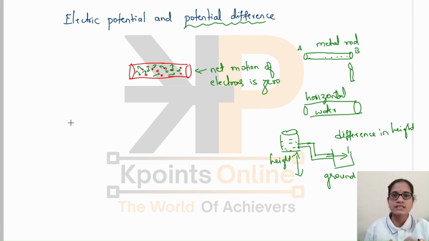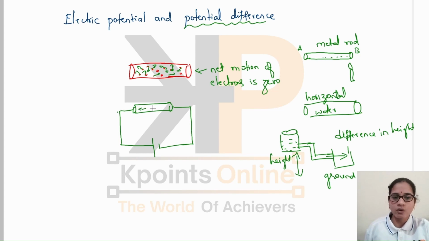What is the battery or cell doing now? Suppose you connect this wire to a battery or a cell. Now all these electrons will start moving in a particular direction continuously. This is because this battery or cell is spending the energy.